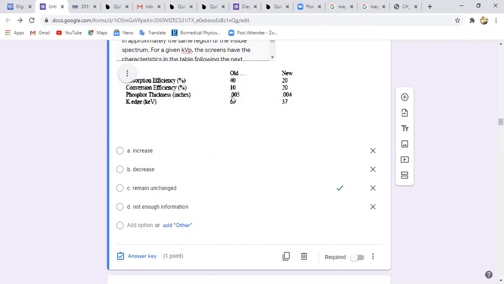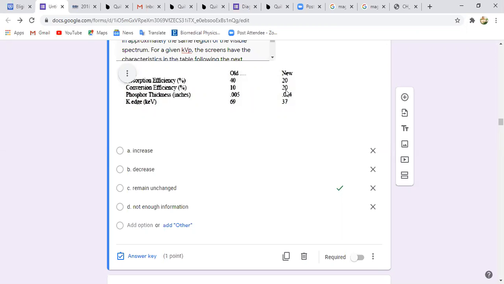The thicker the phosphor, the better the SNR, but the poorer the spatial resolution. The better the signal to noise ratio comes at a price. The price is reduction of the spatial resolution.